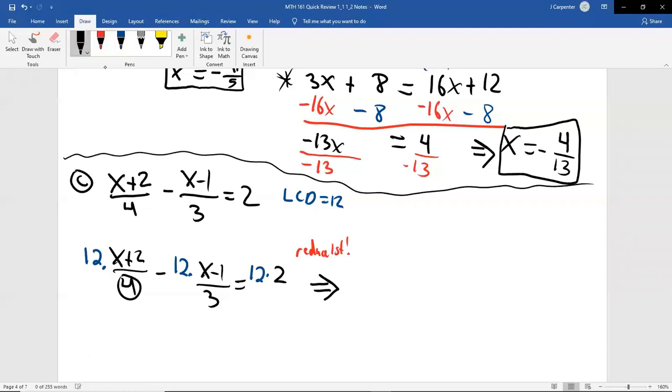So this 4 would go into this 12 3 times. Now I can't reduce the 4 and the 2 like that because this 2 is part of an addition or subtraction in the top. This 12 isn't being added or subtracted, so these can reduce with each other, but these cannot unless the x also had a 2. So 4 goes into 12 3 times. Let me go ahead and write that.